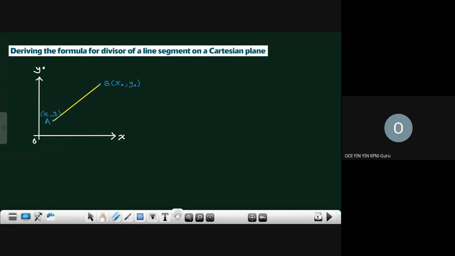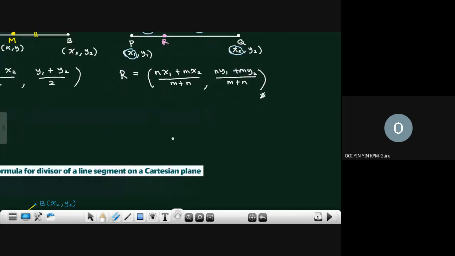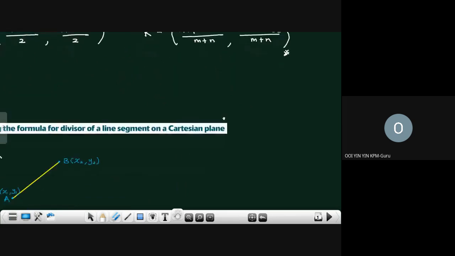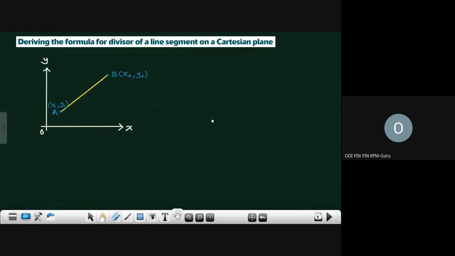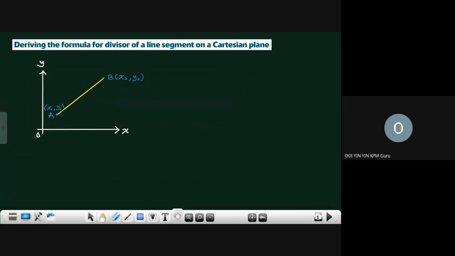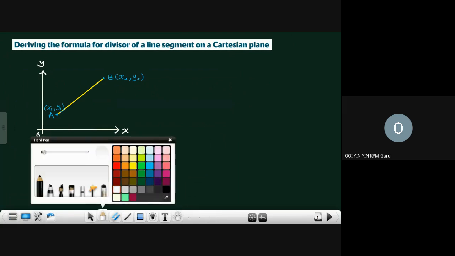Deriving the formula for the division of a line segment on a Cartesian plane. How did I get the formula just now? Why can x1 multiply with n, m multiply with x2 like that? All this actually, we have a proof of it. So this is how we are going to show you.